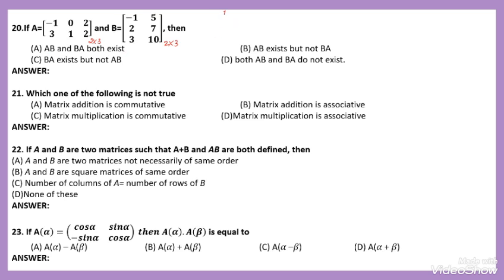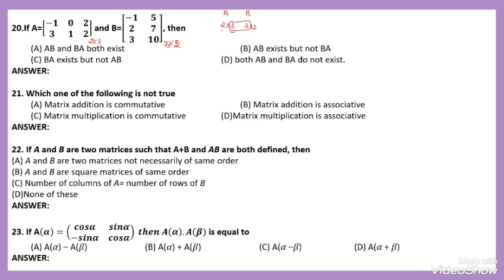I will check here. The order of matrix A is 2 cross 3 and the order of matrix B is 3 rows, 2 columns.